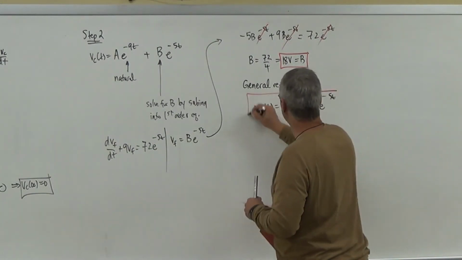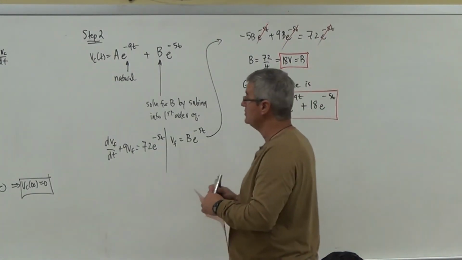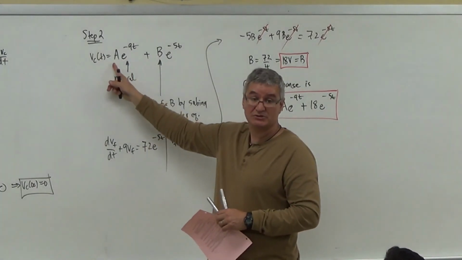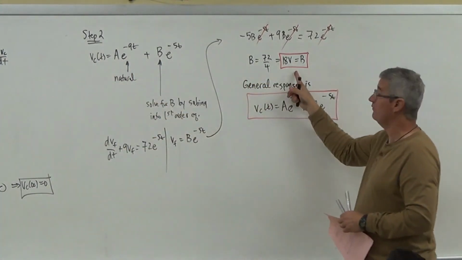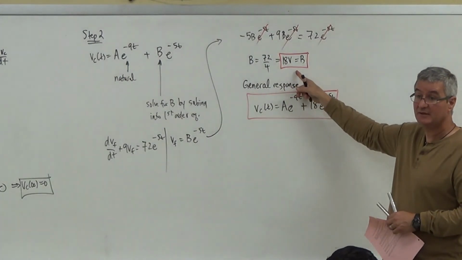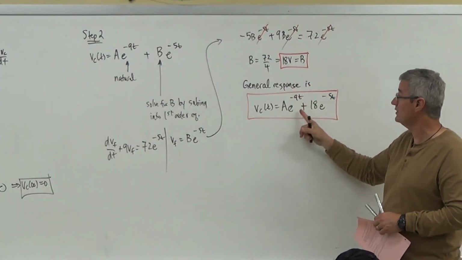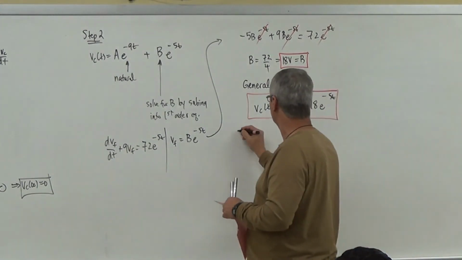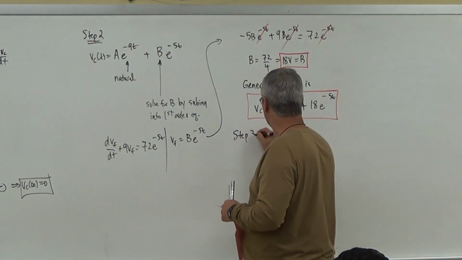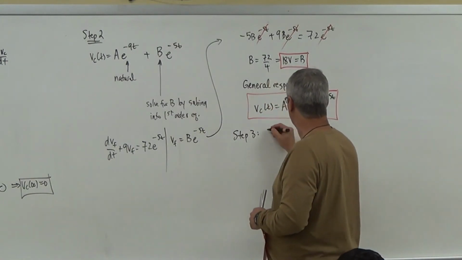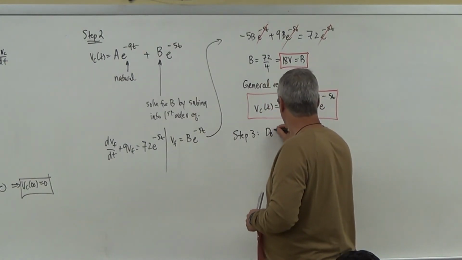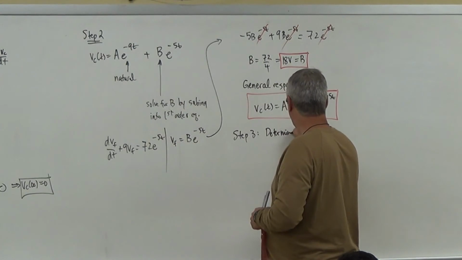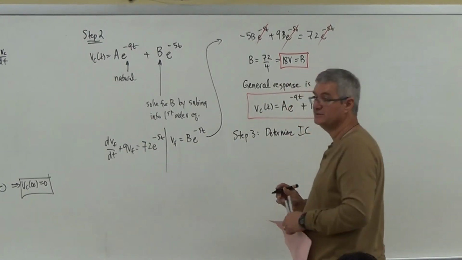So we did really 3 things. We wrote down the general response, we solved for the forcing constants, the b's, and then we wrote down the general response equation. So now what I have to do is determine the initial condition.